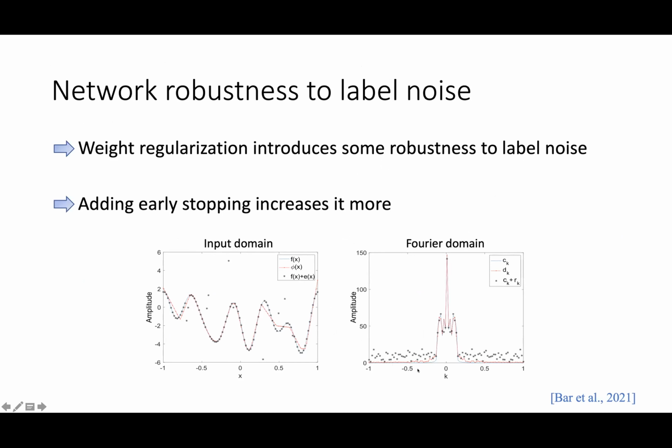We know that f(x) is band limited, while the noise is spread equally over all frequencies. So if we can force our network to learn first the low frequencies, the network will not learn the noise and will filter the noise out.